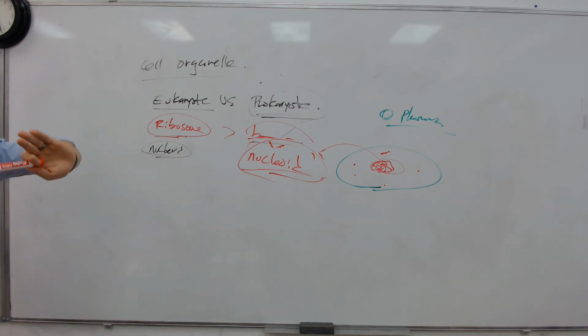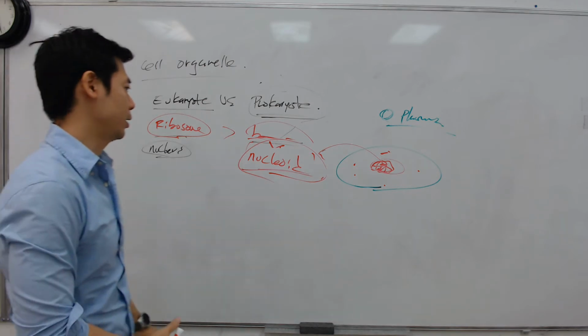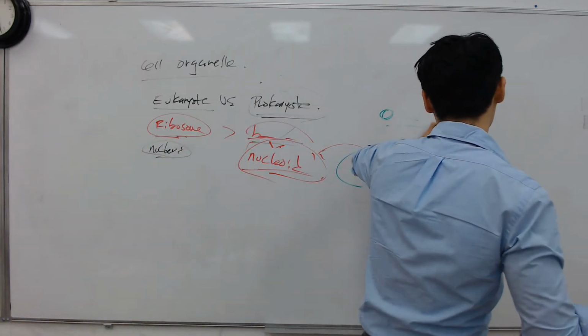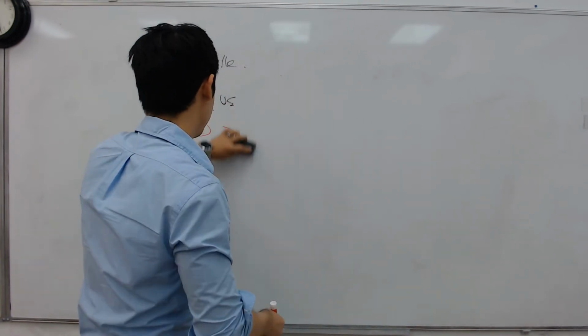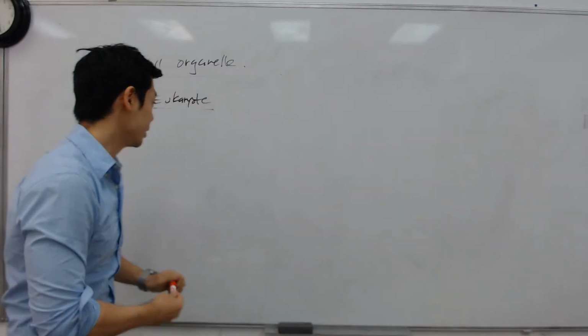Now let's talk about, guys, the eukaryotic cell. You guys have to know for the AP the endomembrane system, of course. So this is called the endomembrane system.